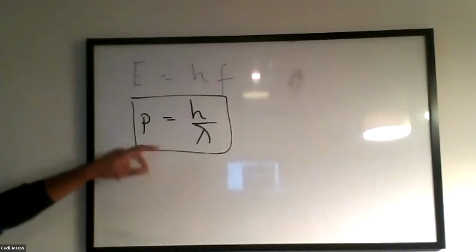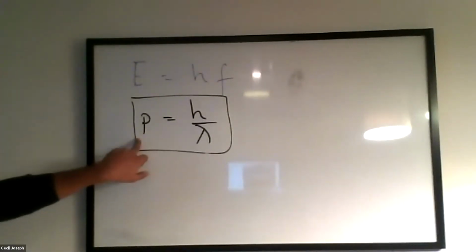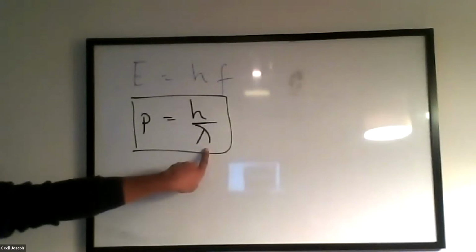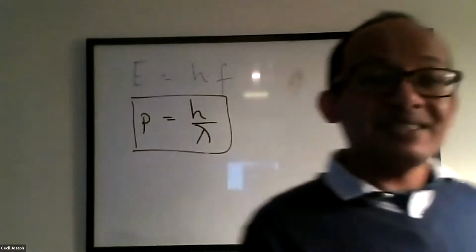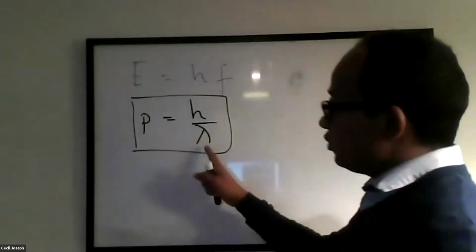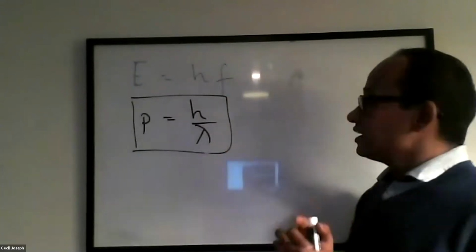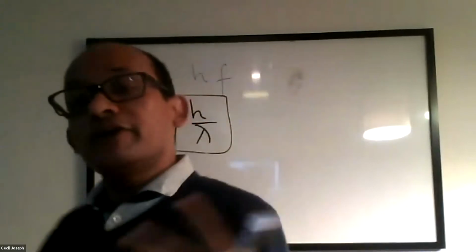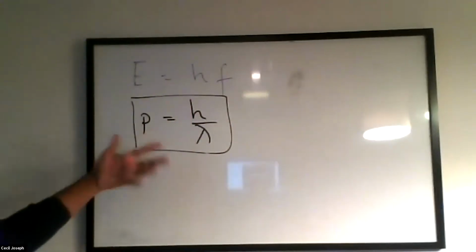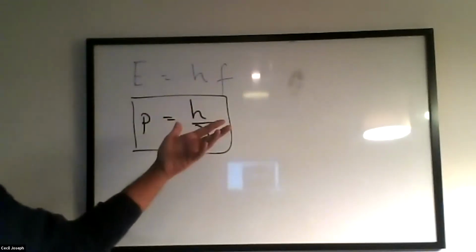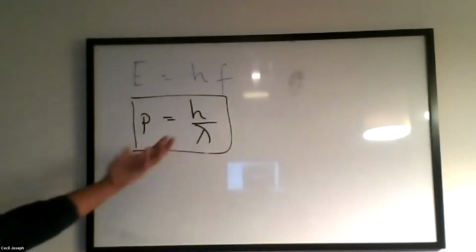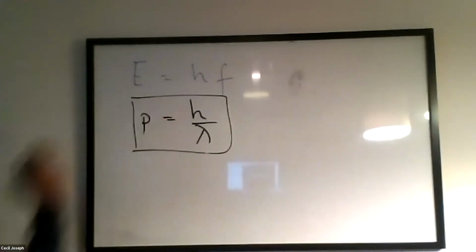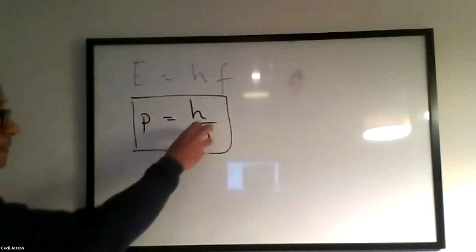So this is its particle nature. This is its wave nature. So there is a momentum associated with its wave nature. Okay, this expression for momentum of a photon, someone called De Broglie said, what about particles? We're saying light does this, we're saying a photon has a certain momentum and a certain wavelength.